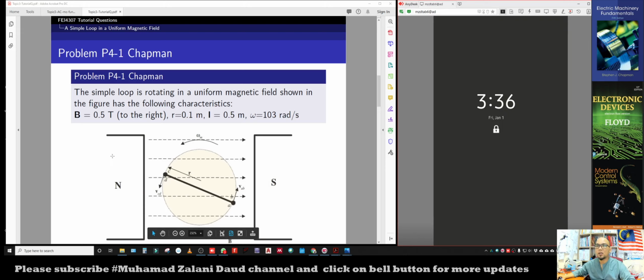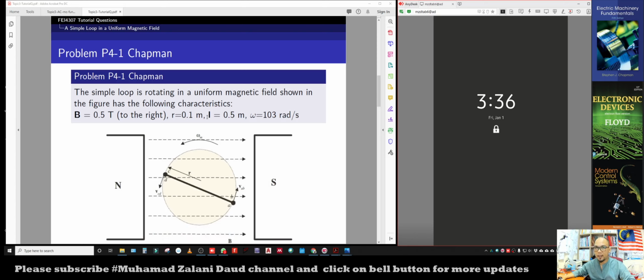Given that B is 0.5 Tesla to the right direction, R, the radius of this wire loop from the center to the left or to the right, is 0.1.